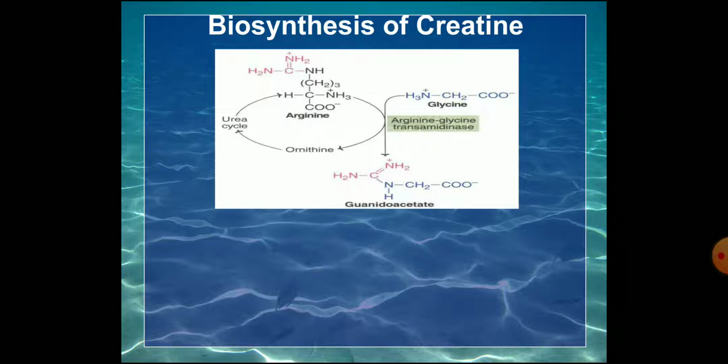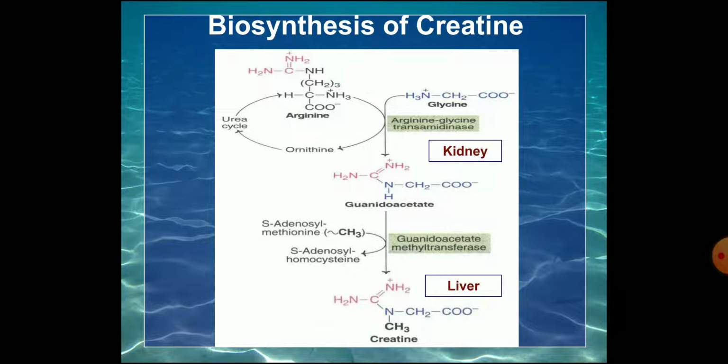So we will see the steps of synthesis. First, the guanidino group of arginine combines with glycine to form guanidoacetate. That takes place in the kidney, and it is the first step.